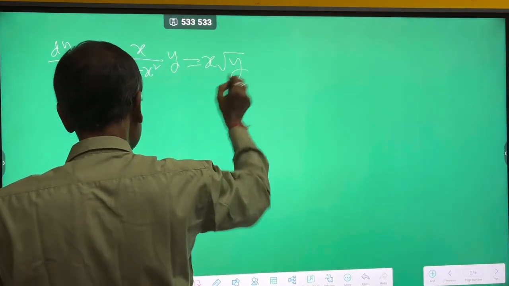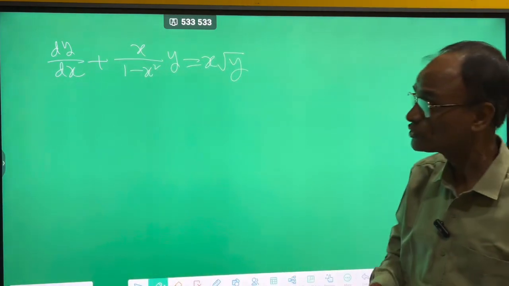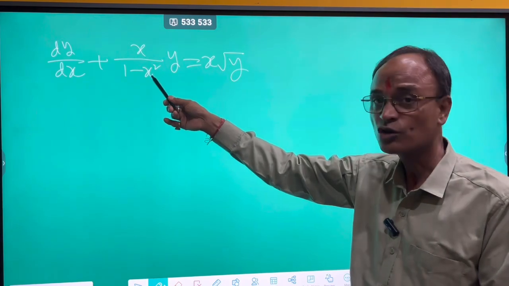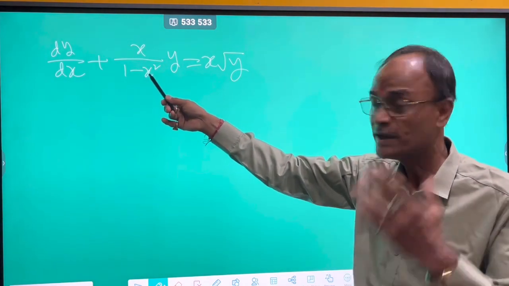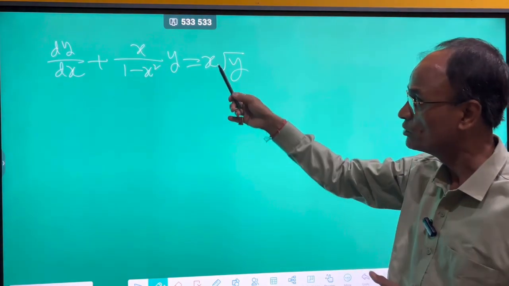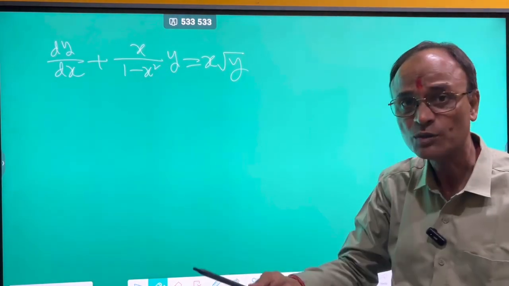It is also again a Bernoulli's differential equation. It is of the form dy by dx plus Py equal to Q, where P is a function of x, meaning x into y to the power half.